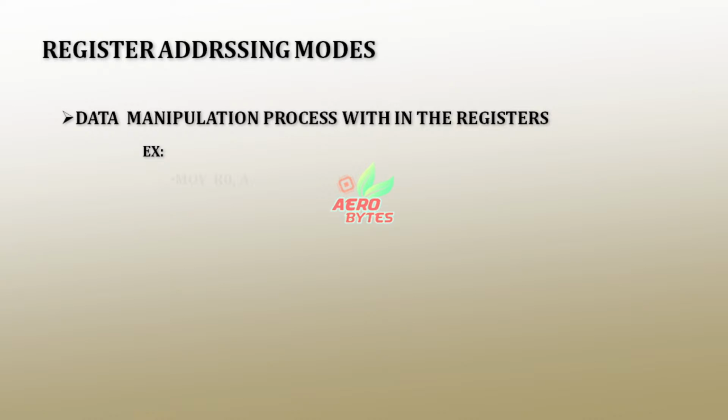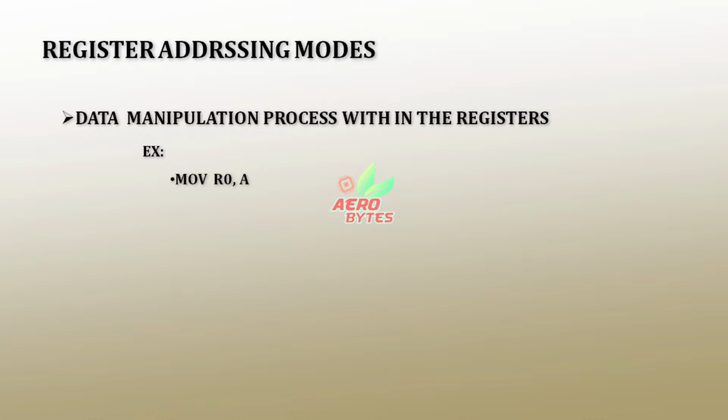See the example, MOV A, R0. Here we are not bothered about what the contents of the accumulator or the R0 register are. We directly process the data by using these registers. These kinds of instructions are known as register addressing modes.